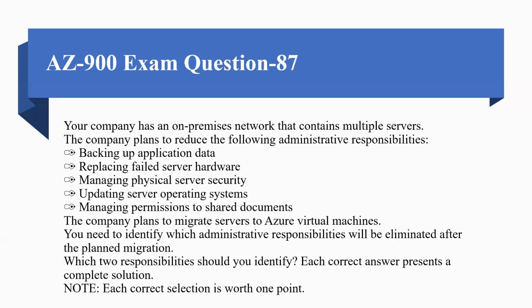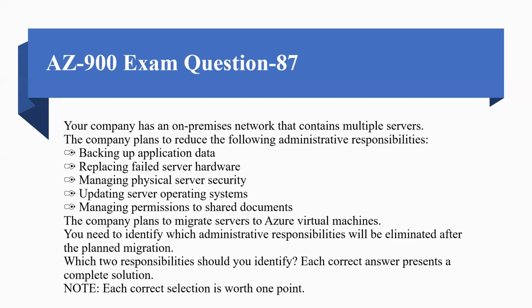Coming to the question number 87, your company has an on-premises network that contains multiple servers. The company plans to reduce the following administrative responsibilities. Number one, backing up application data. Number two, replacing failed server hardware. Number three, managing physical server security.